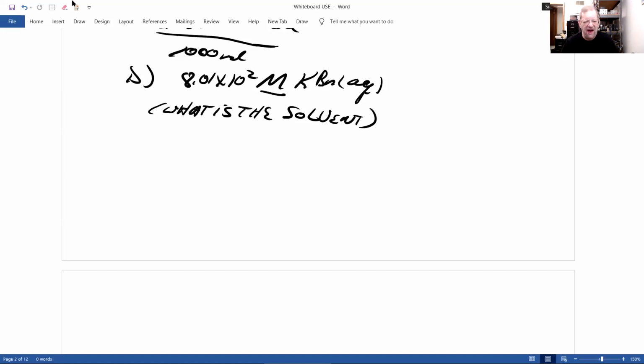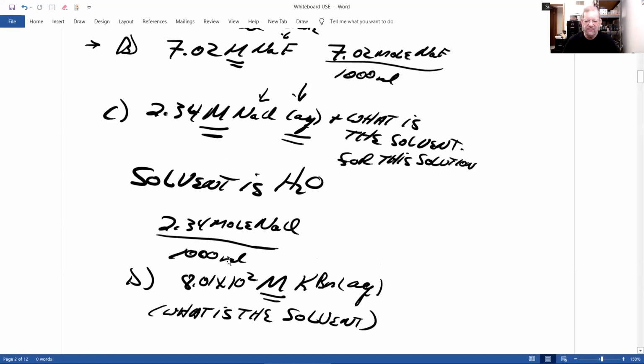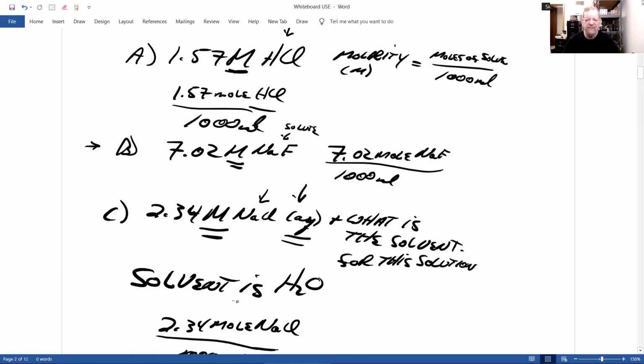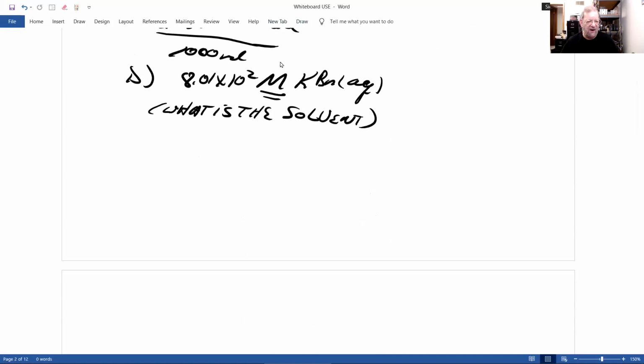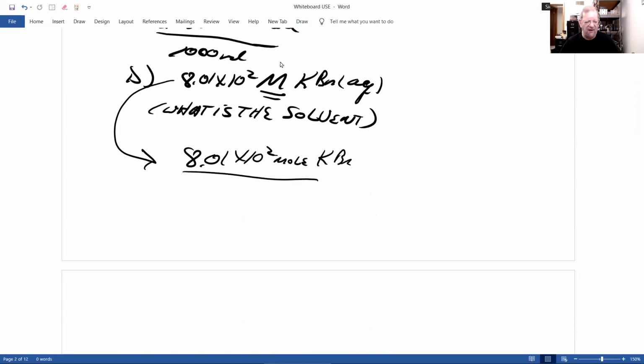As soon as you see capital M, molarity. And what's molarity? Moles of solute per 1,000 milliliters. So immediately I know what this means: 8.01 times 10 squared moles of potassium bromide, KBr, per 1,000 milliliters.